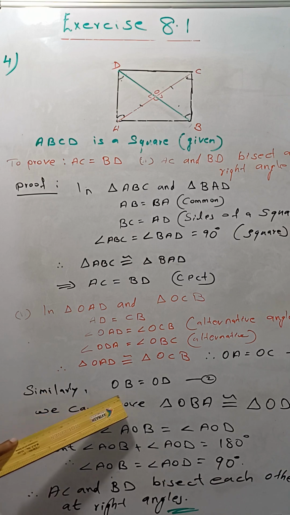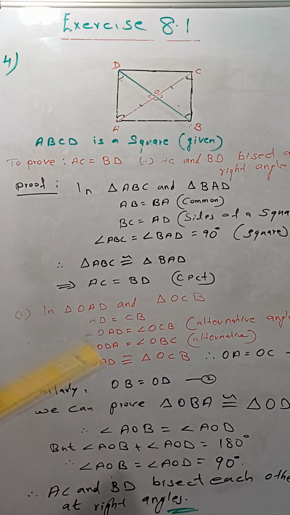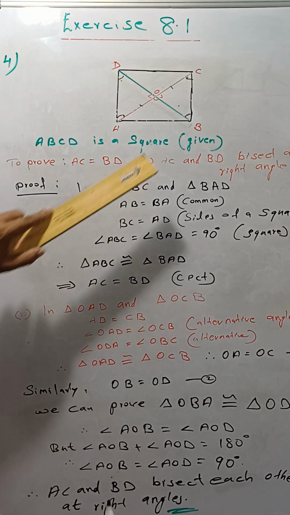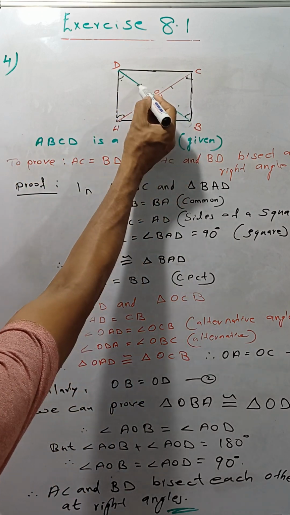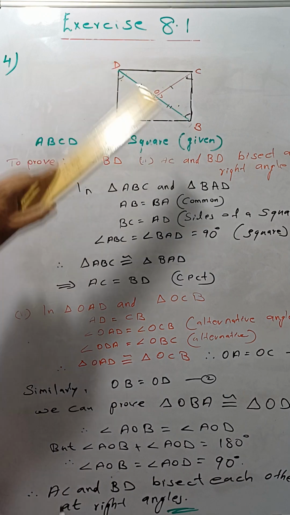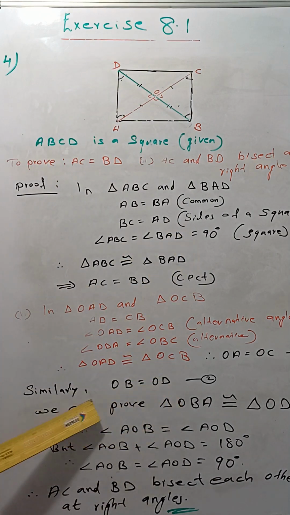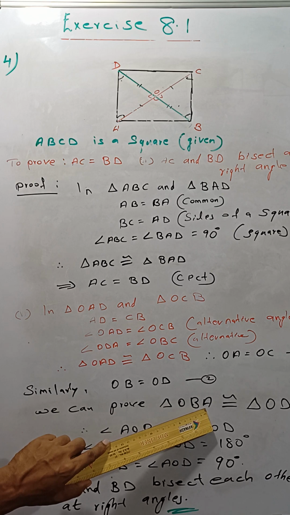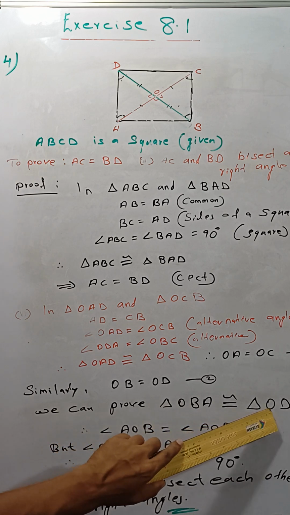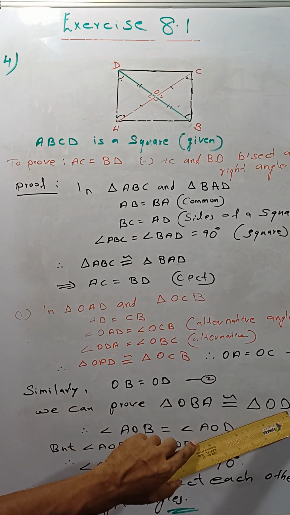Similarly, we can prove OB is equal to OD, that is 2. Then we can prove triangle OBA is congruent to triangle ODA.